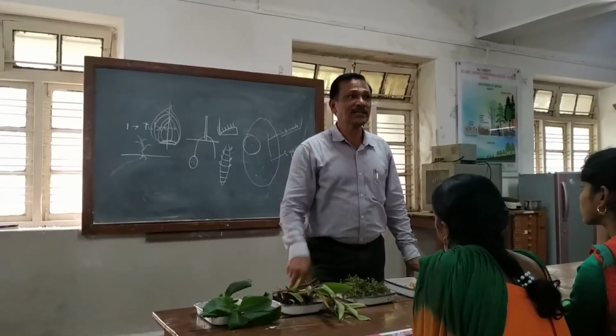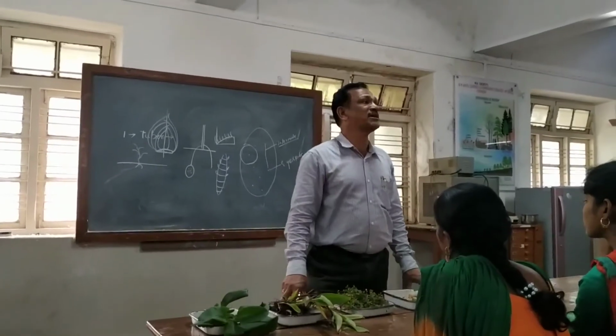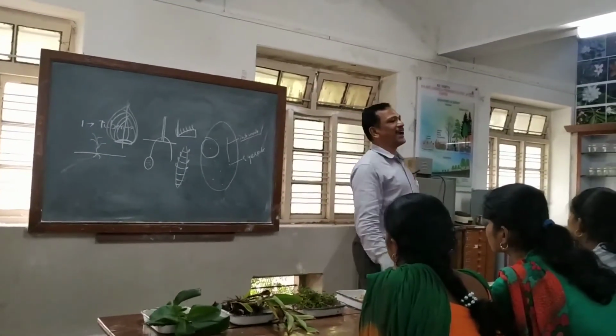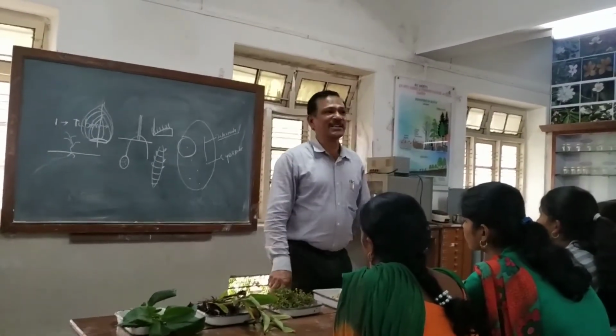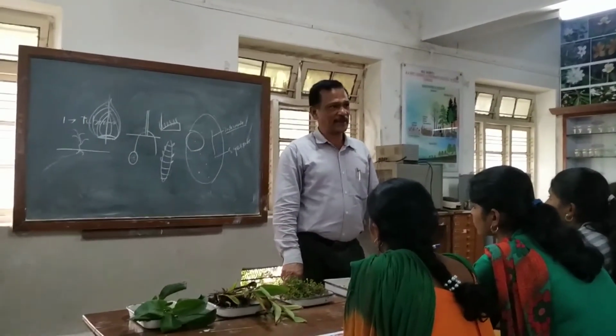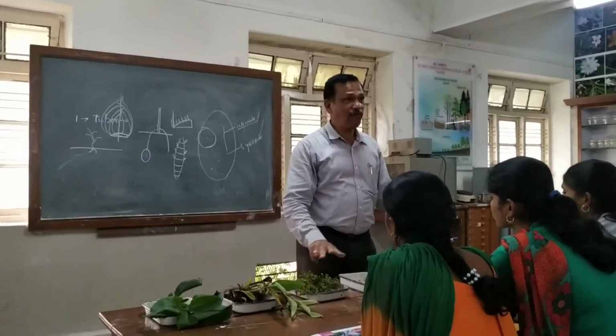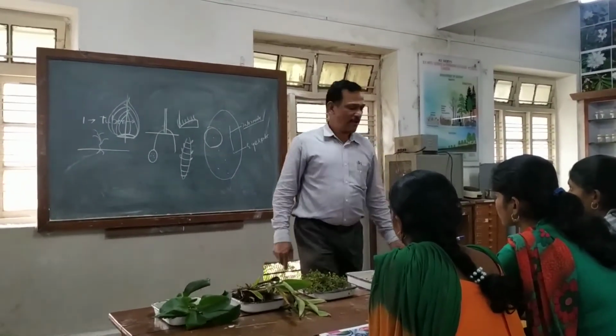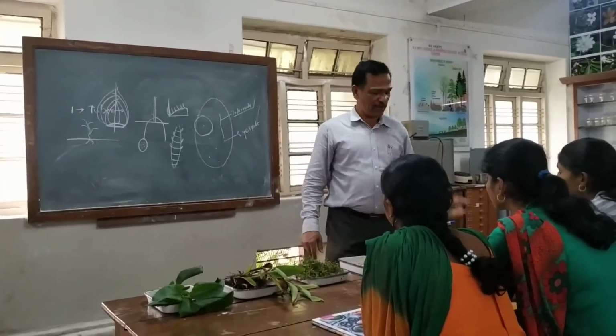In that Pistia, the same type of runner can be observed, but when the runner is present in aquatic plants, that runner is called offset, O-F-F-S-E-T, offset. So all these are for aerial modifications, subaerial modifications, whereas this is the underground modification.